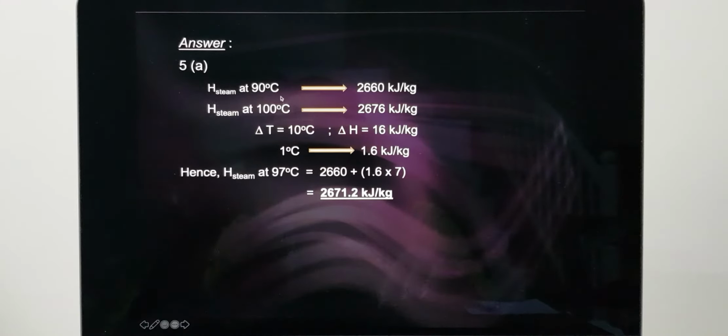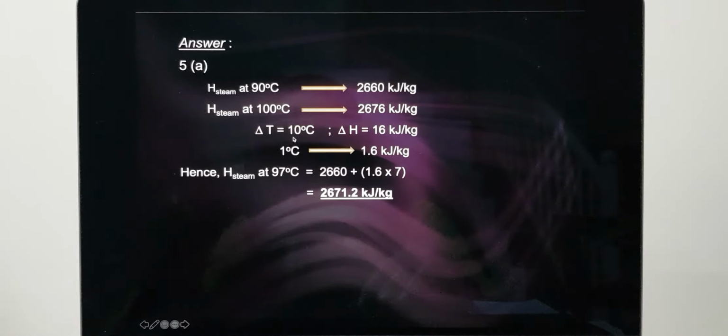Okay, so now look at your left hand side, we have the temperatures. Your right hand side is the value for the enthalpy. So for the left hand side, we have 100 degrees Celsius and 90 degrees Celsius. What is the value of this temperature difference? 100 minus 90.